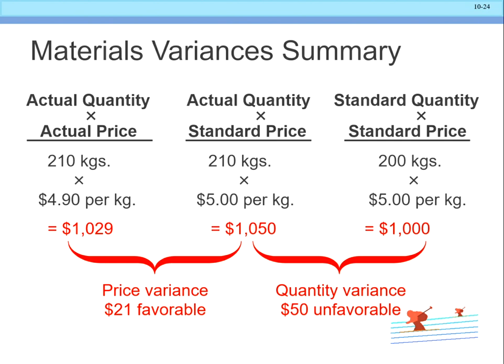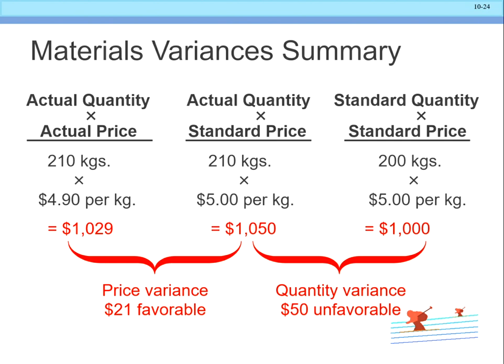Then we take the actual quantity that we used at the standard price. So the actual quantity is 210 kgs and the standard price is $5. That gives us 1,050. So we're saying we should have paid 1,050, but we paid 1,029. So according to the price, we made a saving of $21.